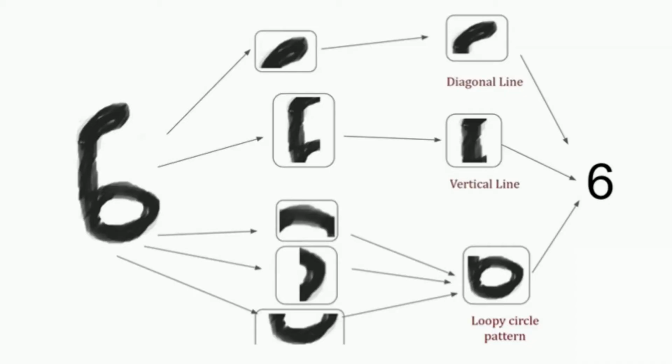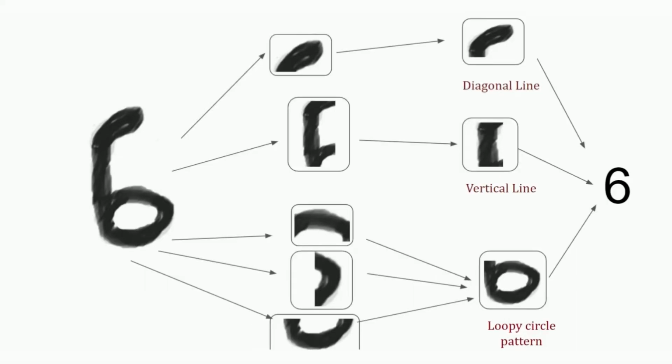To actually understand how this is applied to facial expression recognition, I've used the example of a handwritten digit 6. So we can divide this up into 3 parts: a diagonal line, vertical line, and a loopy circle pattern. And as you can see, this loopy circle is made up of curves and edges, and that's how it could congregate them together and be able to tell that it's a loopy circle pattern.